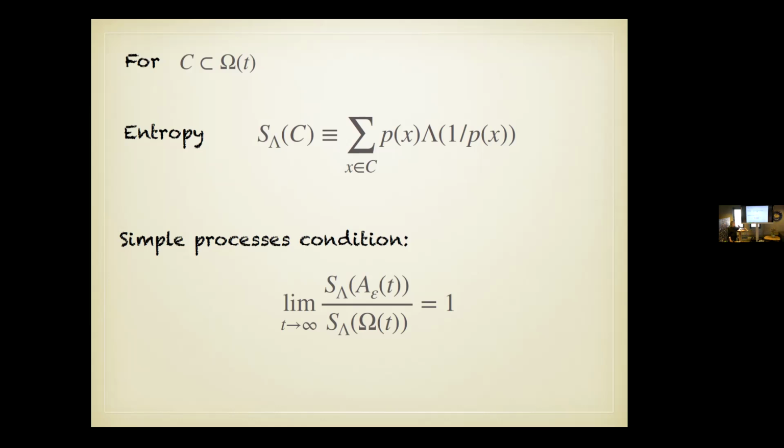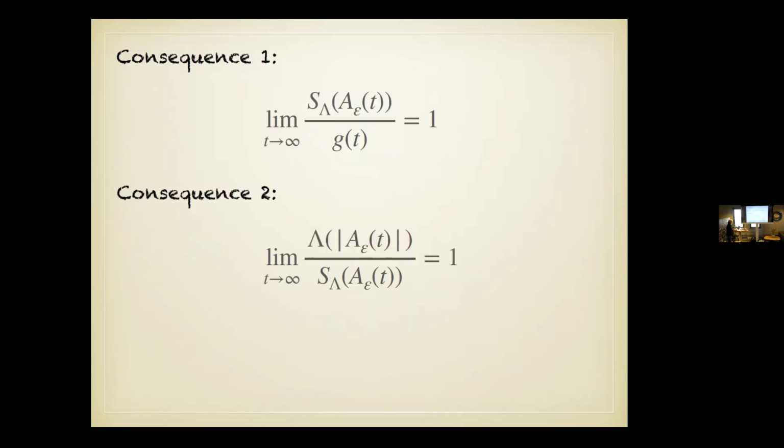So you would get a non-zero contribution of entropy from that part of phase space that has zero probability of being observed. So that's the simplicity condition.